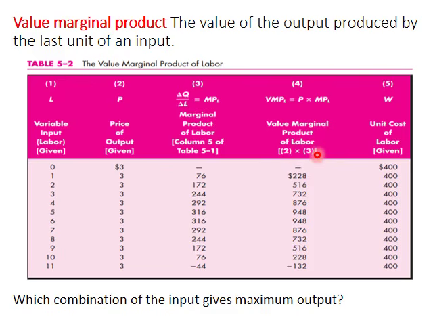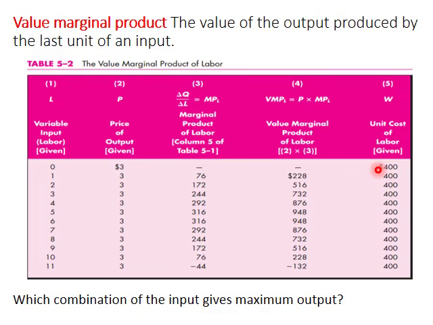It can be obtained by multiplying the price of the output with the marginal product of labor. Price of the output times marginal product of labor provides us the value of marginal product of labor. And these are the unit cost of the labor.